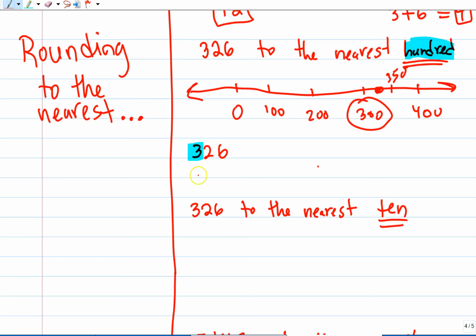and we underline it. This is just a process to help us see how it works. And we look at the number that's after that. So we look at the 2. If that number is a 5 or greater, we round up.